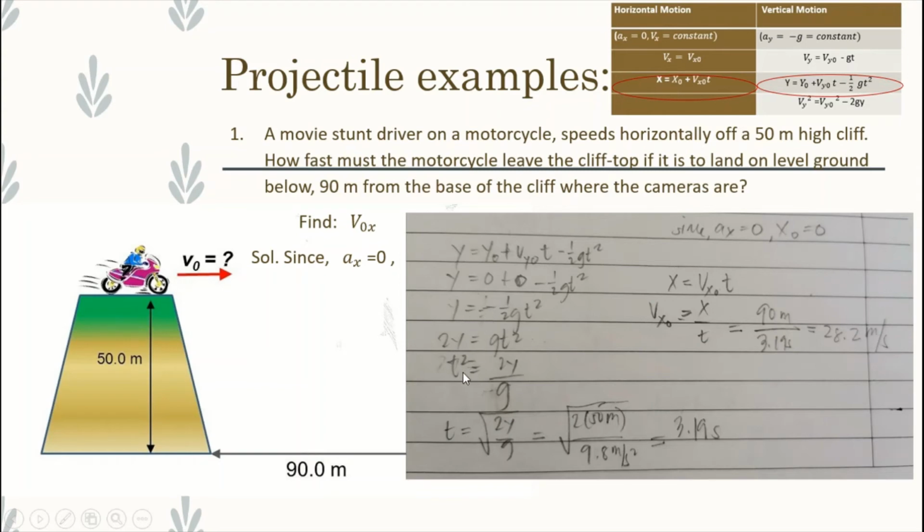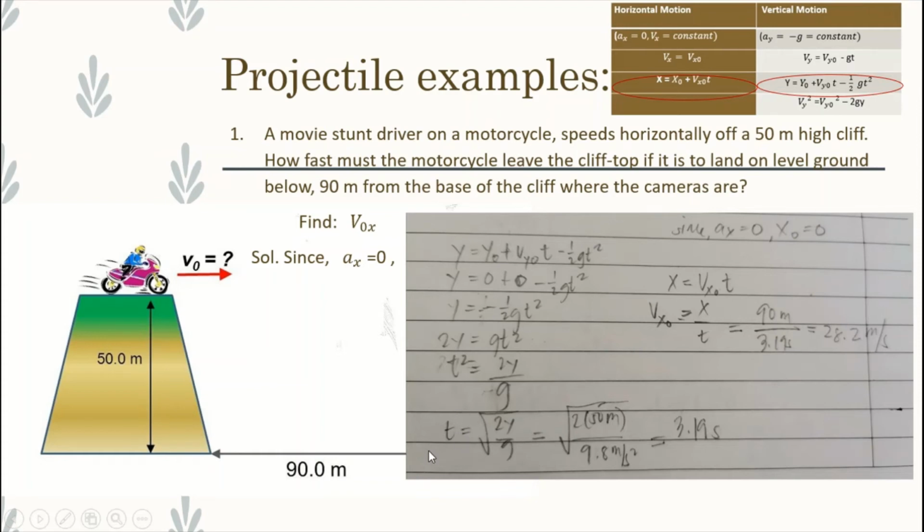It's positive, so t squared, solving for time here, this becomes t squared is equal to 2y over g. To eliminate the square here, we have to introduce square roots on both sides of the equation, so t is equal to square root of 2y over g.